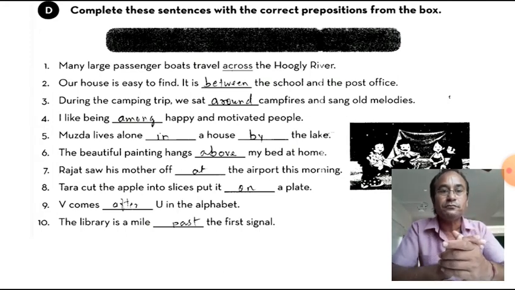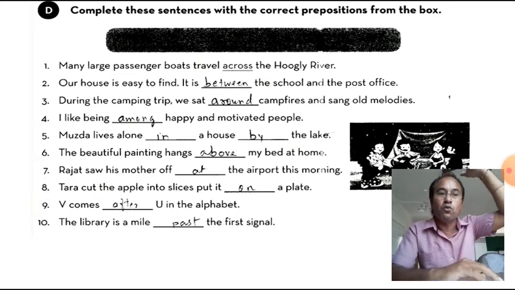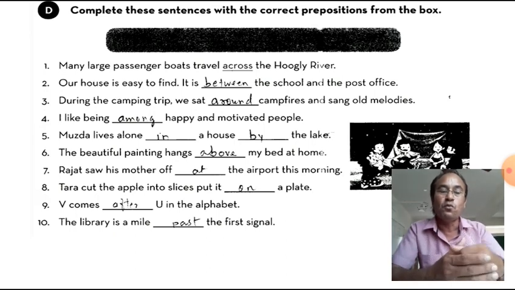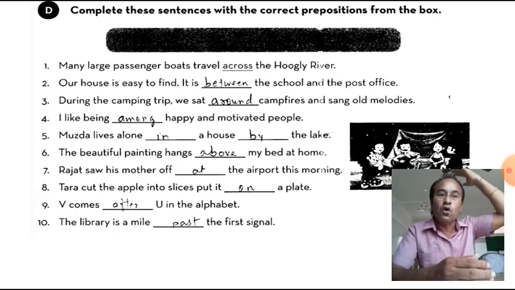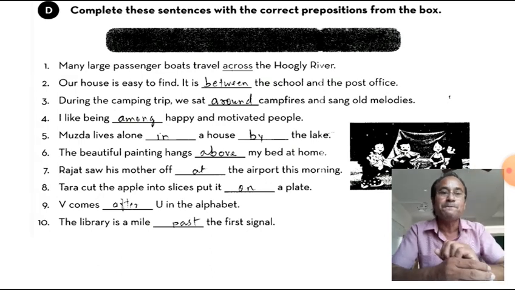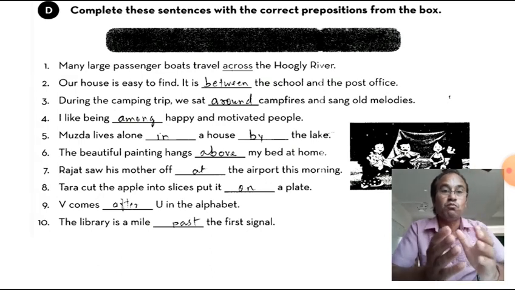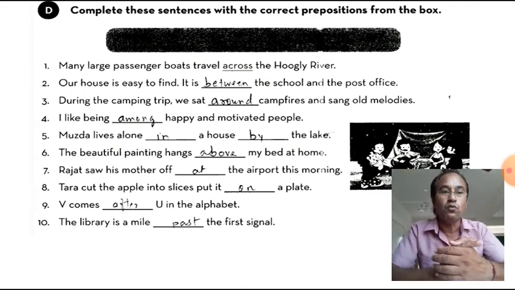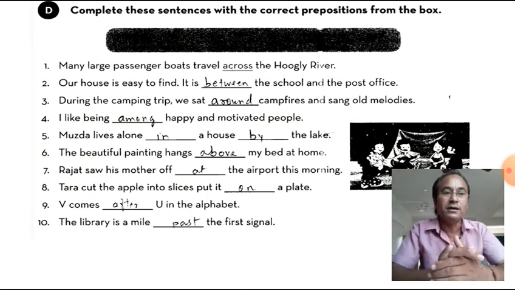Now, the beautiful painting hangs above my bed at home. If it touches, then on; if it goes over something, then over; and where we have hung it, that is above. So the beautiful painting hangs on the wall, we have kept above, above my bed at home.